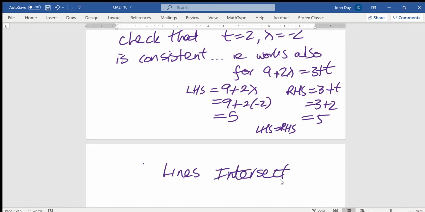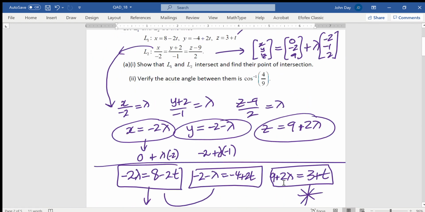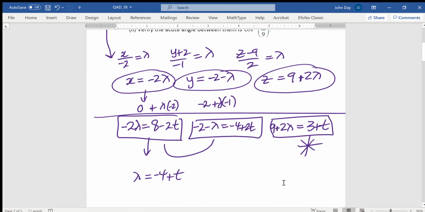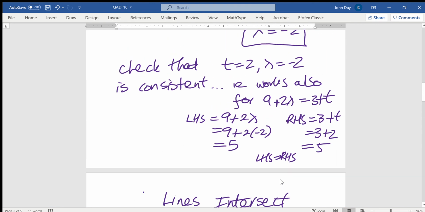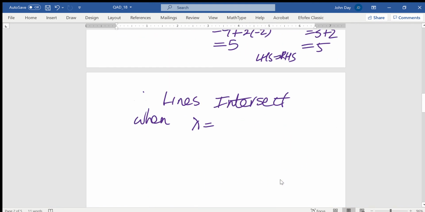Now, they intersect, but what did the question ask? It didn't just say show that they intersect. Find their point of intersection, all right? And they intersect when lambda equals minus 2 and t equals 2.